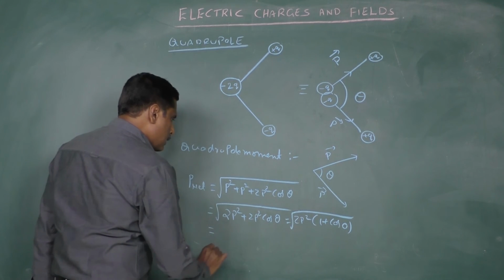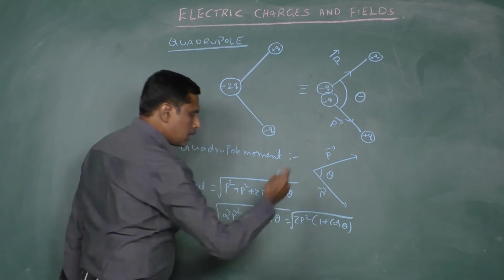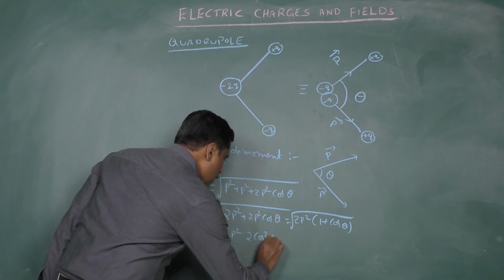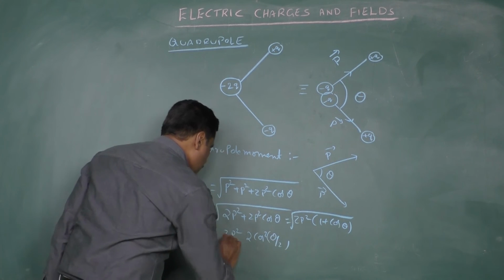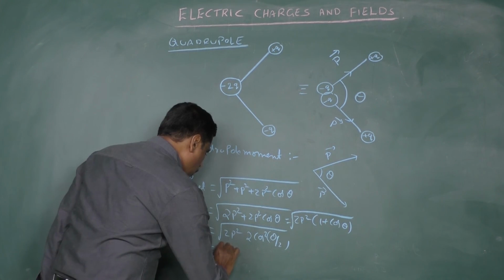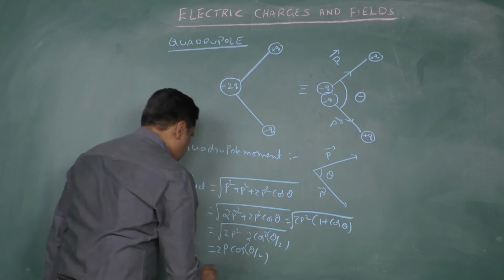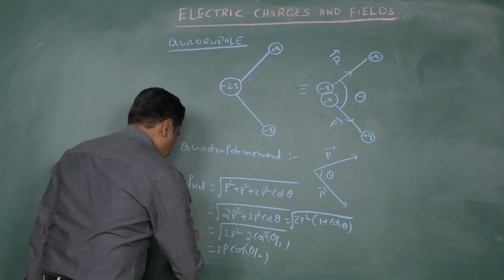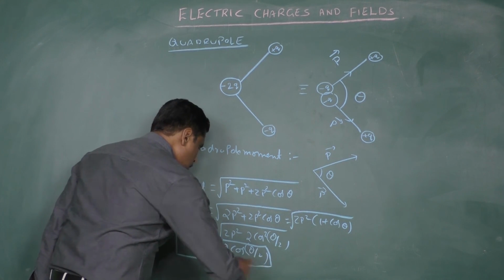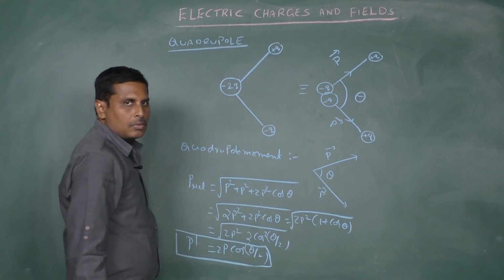Again you can write 2P square into 1 plus cos theta as 2P square into 2 cos square theta by 2, under root. So this is equal to 2P into cos theta by 2. So I am writing the quadrupole moment P dash is equal to 2P into cos theta by 2.